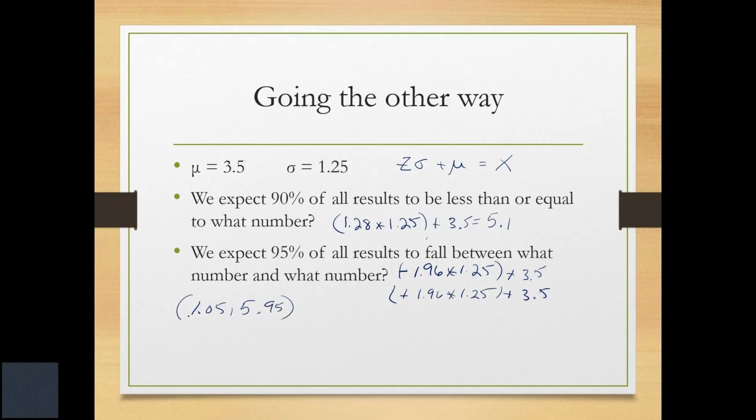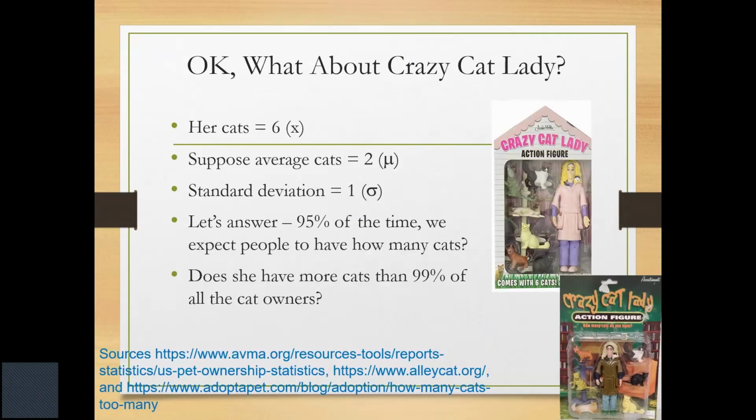So we expect 95% of the results to fall between 1.05 and 5.95. By the way, if you add those two numbers, 1.05 plus 5.95, and divide by 2, you get the mean. That's a useful thing because this curve is symmetric, so the mean has to be in the middle.